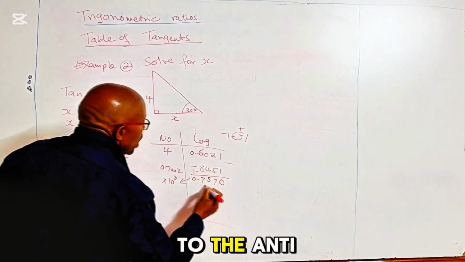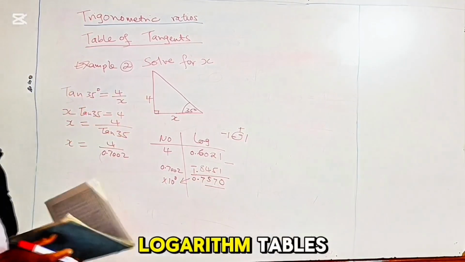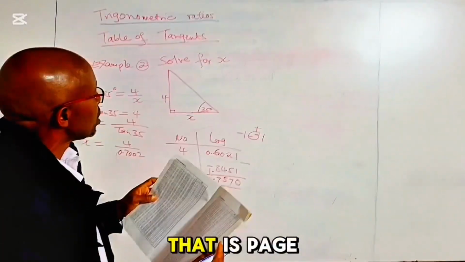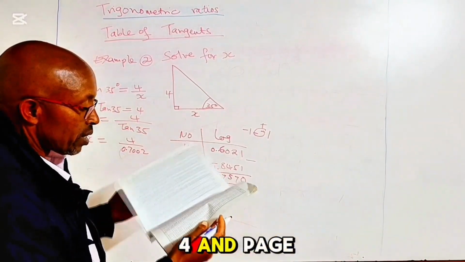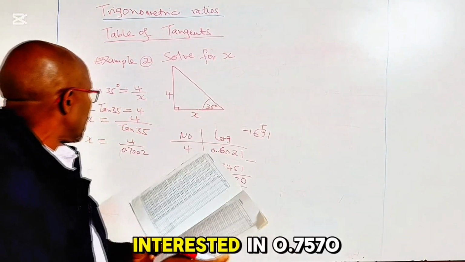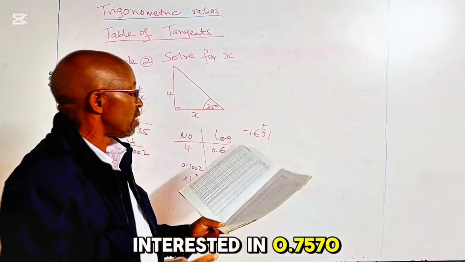We go now to the logarithm tables, that is page 4 and page 5. We are interested in 0.7570.